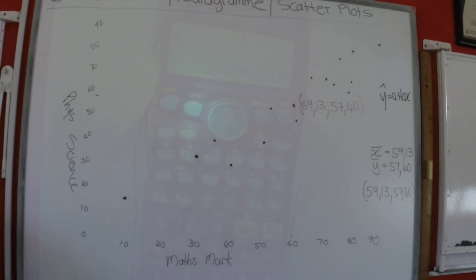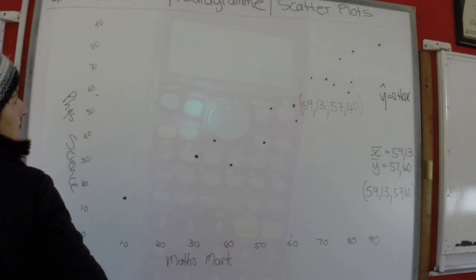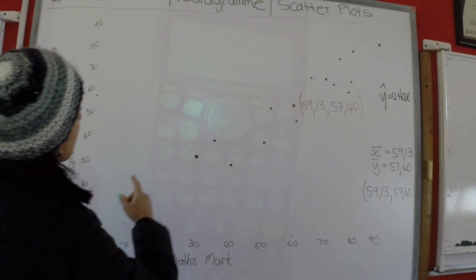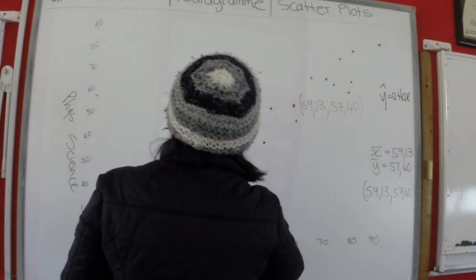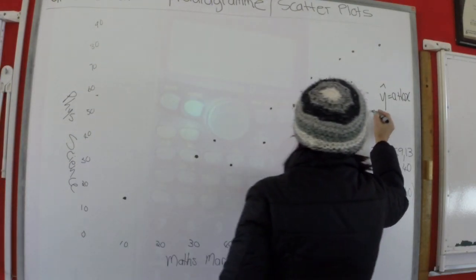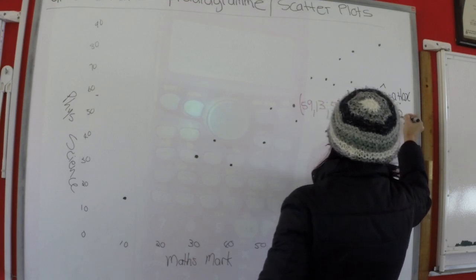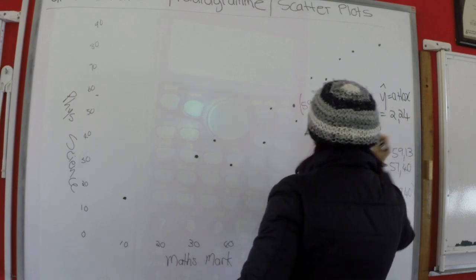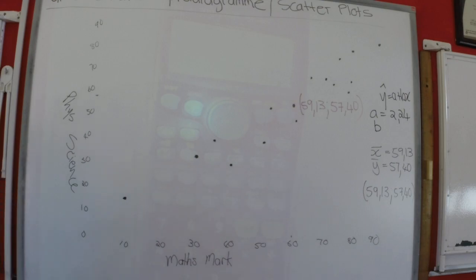So then you get your A value, and you can round it to 2 places, so you'll see that that's going to be 2.24. So your A waarde is dan 2.24.